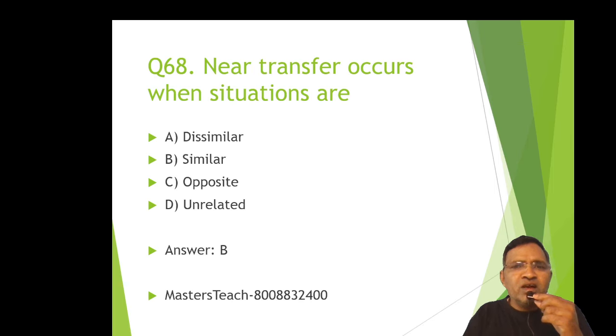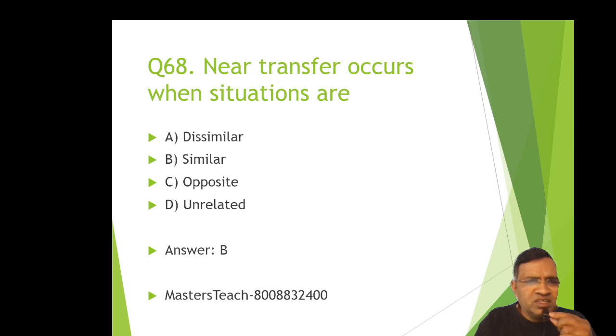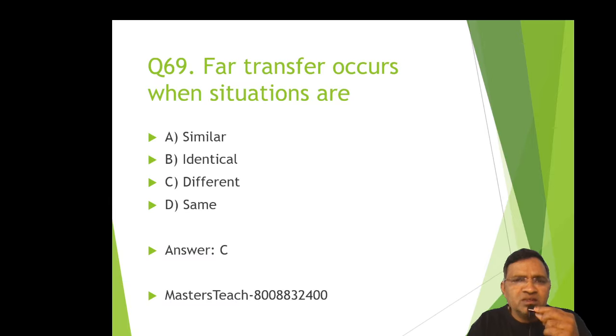Then near transfer occurs when situations are A. Dissimilar, B. Similar, C. Opposite, D. Unrelated. The answer is near transfer occurs when situations are similar. Answer B.